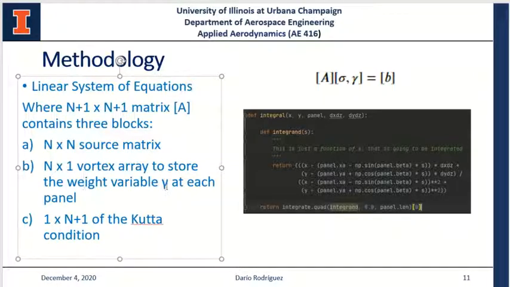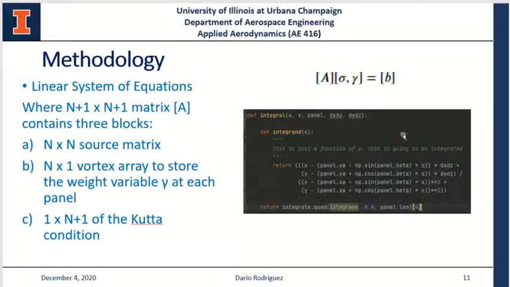It is constant, but it will affect all panels as well, so it should be included to contribute to the normal velocity. And finally we got the array 1 by n plus 1, which is the condition, the last equation that we have included in the code to get the matrix A and to get the unknowns sigma and gamma in this case, which represent the strengths.